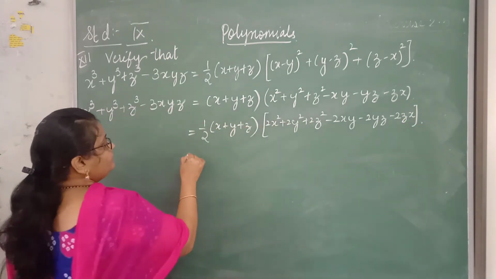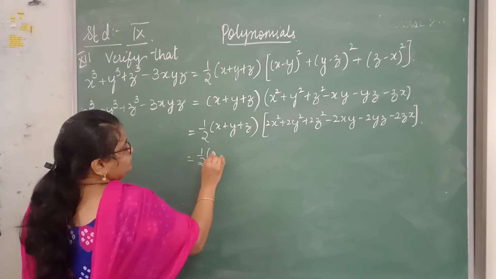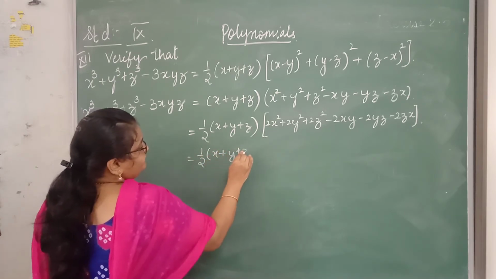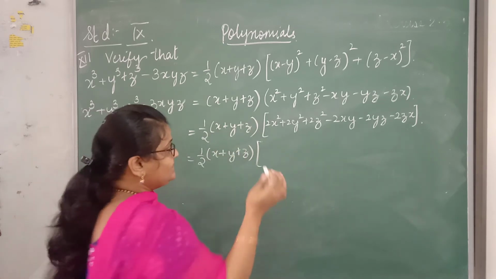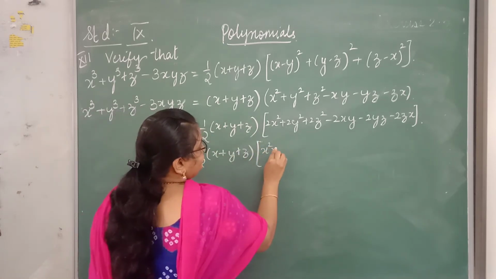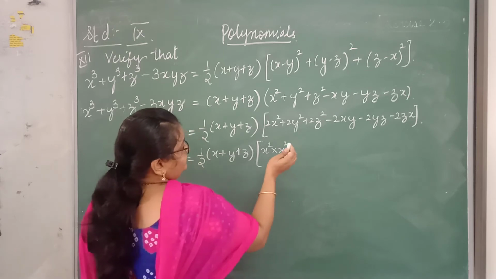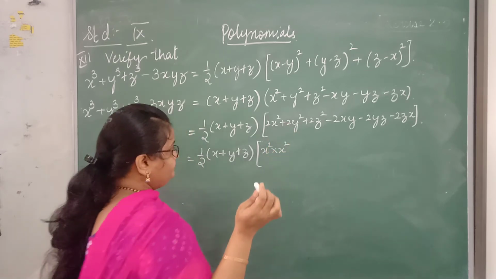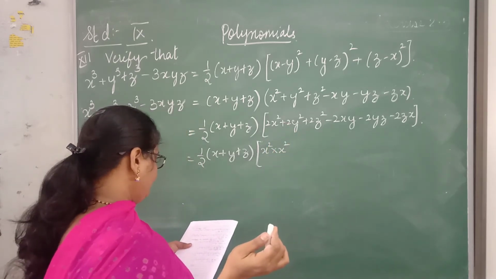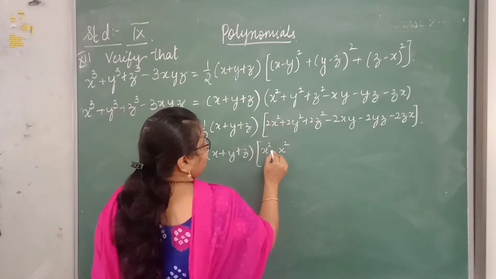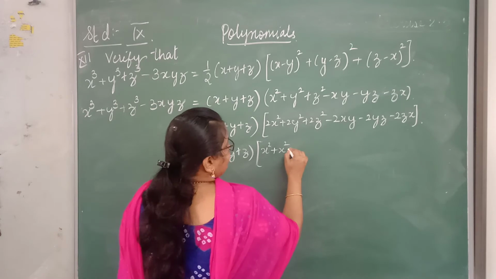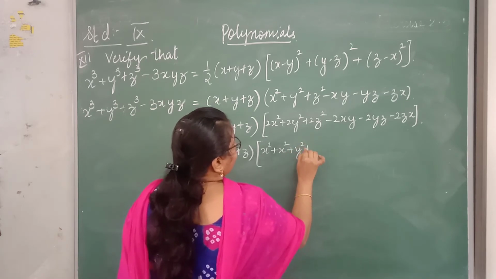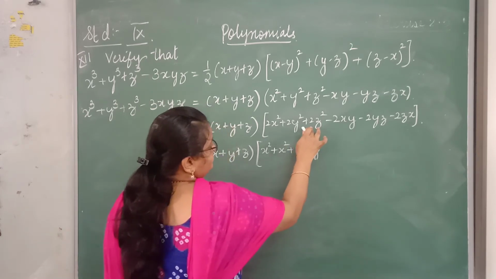So now half into x plus y plus z. So this 2x square can be split as x square plus x square. Similarly y square plus y square.